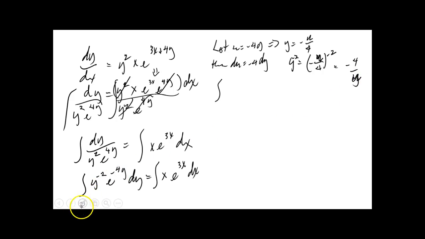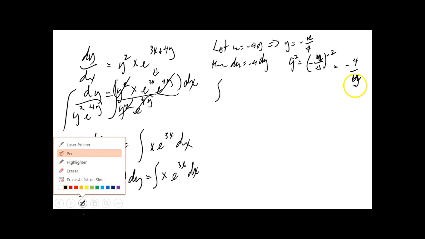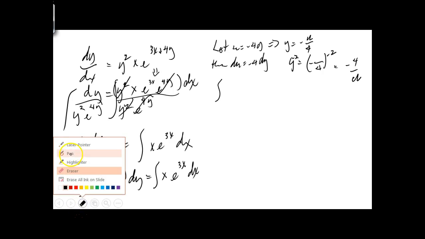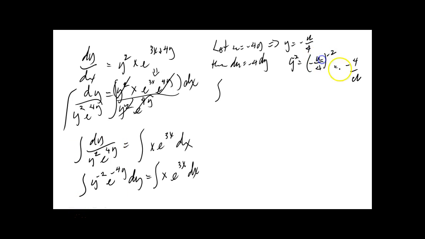I keep wanting to write y's. That's ugly. Okay, so let's clean that up a little bit. It's a u and this is a u. And this thing would then be squared, which would be 16 over u squared.